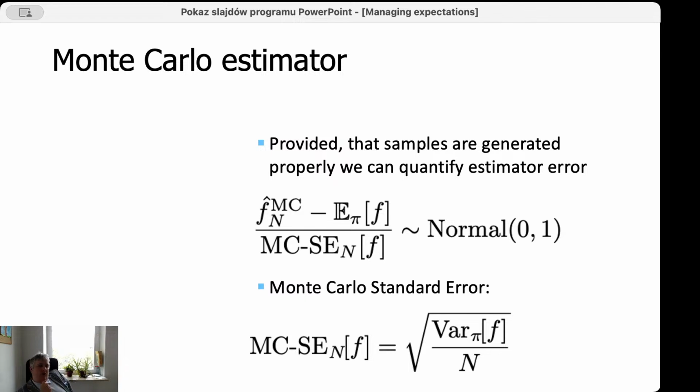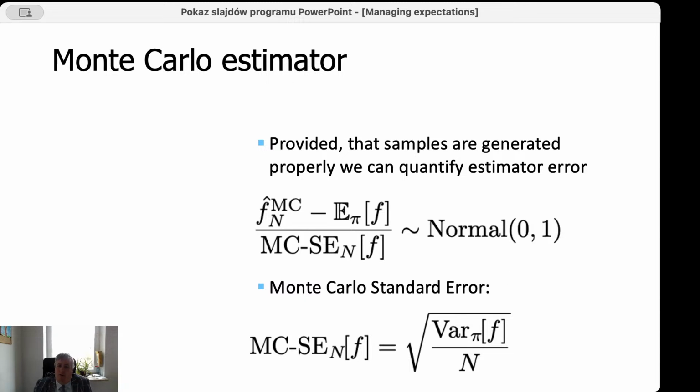As long as we generate those quantities, we can say that the estimate of the expected value, the Monte Carlo estimator of function f using n samples, has a normal distribution that has a mean of the actual expectation and a standard deviation of the so-called Monte Carlo standard error.